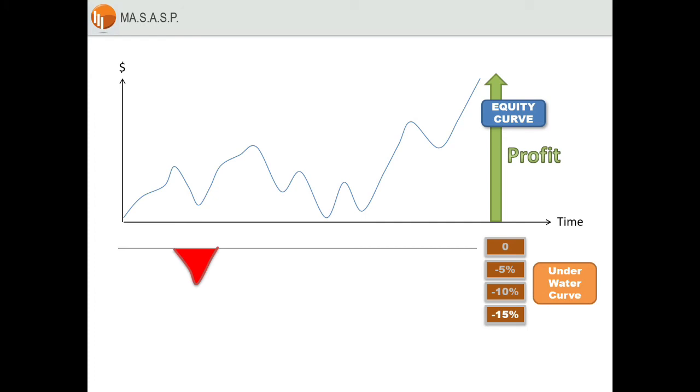This percentage is expressed with respect to the last maximum of the equity curve. That is the equity value that we got before we started losing money. The drawdown ends when we recover losses and we get back to the equity value above mentioned.